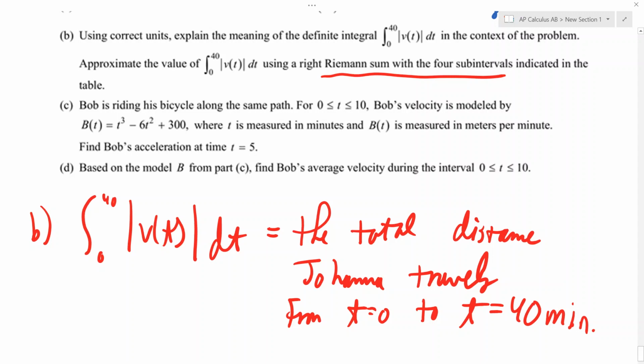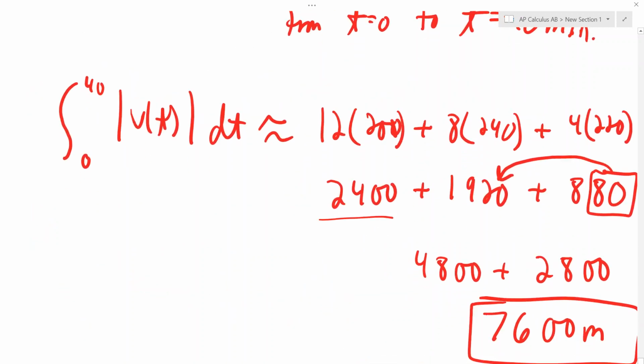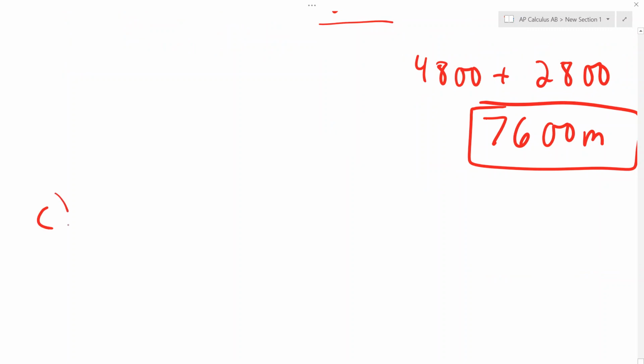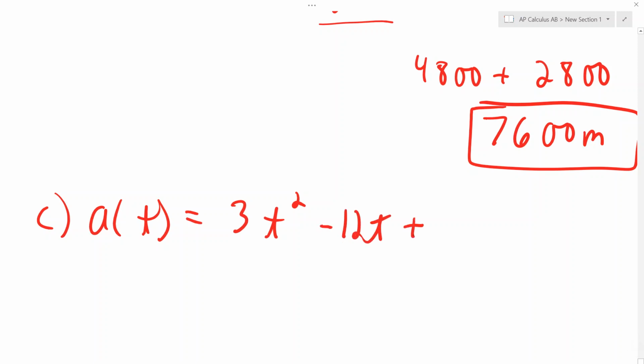All they want you to do is differentiate this thing and plug in 5. Make sure you're using the correct units. What's the derivative? A of t is 3t squared, what? Minus 12t. Is that it? Okay, thank you. But we want a of 5. This is such an easy question.